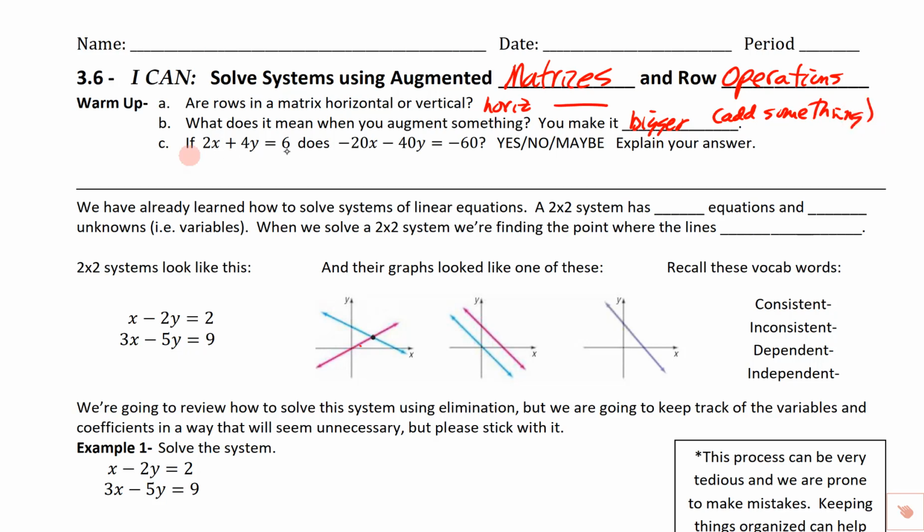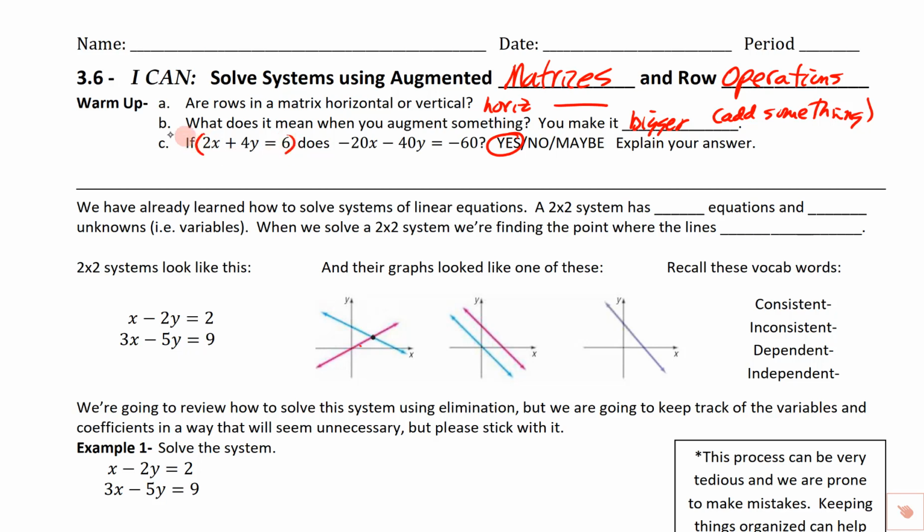And then I've got a little equation right here and a question. It says if 2x plus 4y equals 6, does negative 20x minus 40y equal negative 60? And the answer here is either yes, no, or maybe, and then we need an explanation for the answer. Well, on this one, you might remember that as long as we do the same thing to both sides, we get another true equation. So the answer on this is yes. And what was done here is they took this whole equation, everything on both sides, and multiplied it by negative 10.